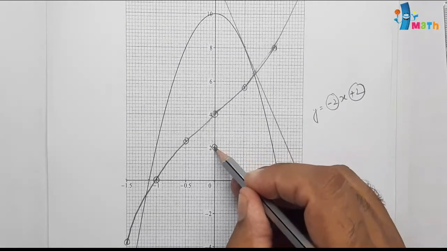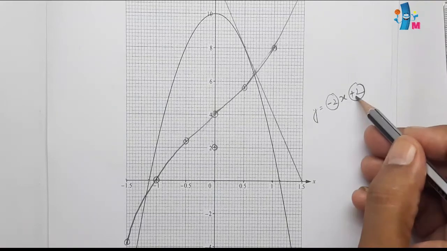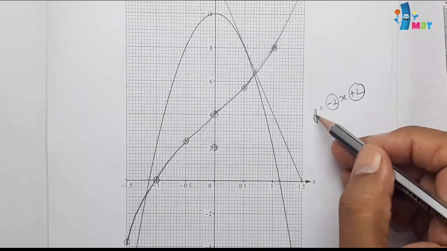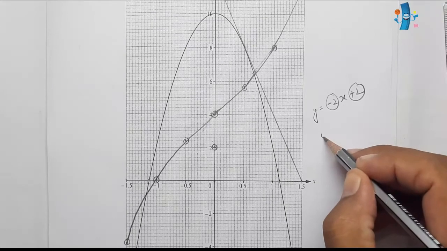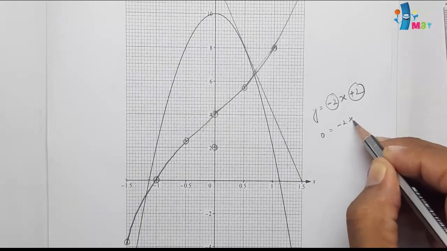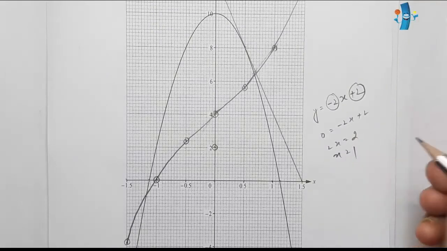So if we replace x is equal to 0, y will be 2, and if we replace y is equal to 0, we will get minus 2x plus 2. So it means 2x is equal to 2, x is equal to 1.